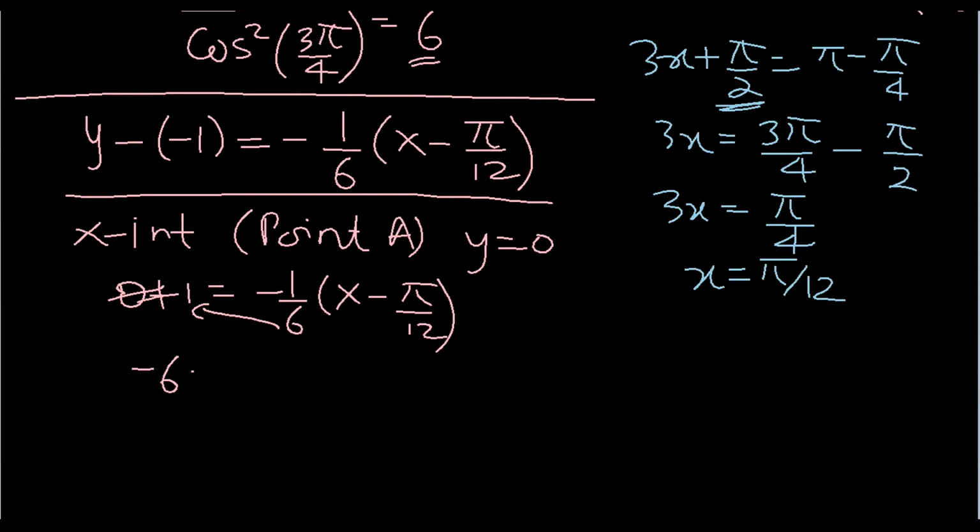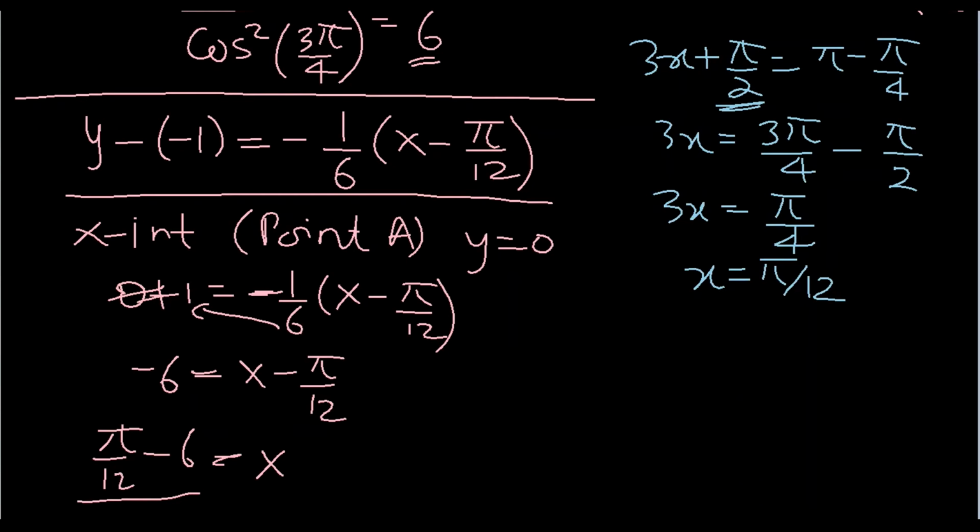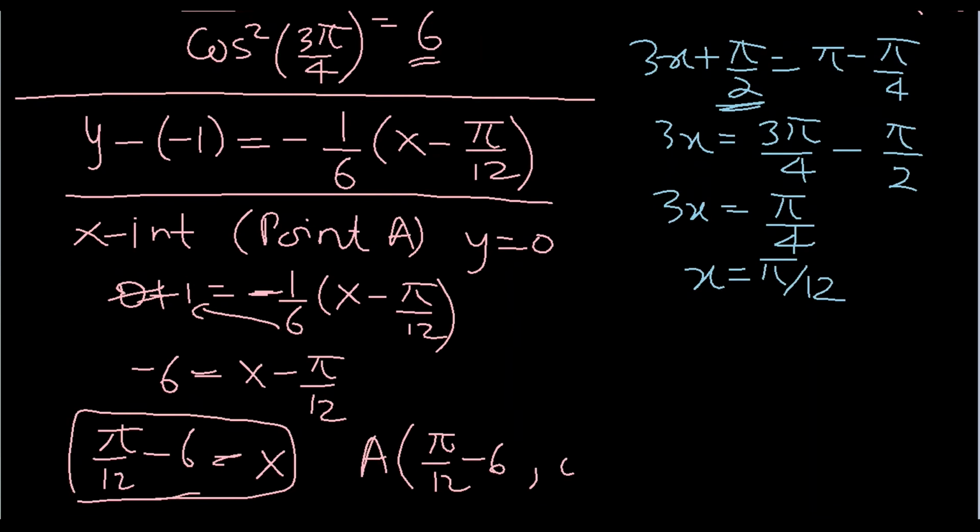So minus 6 equal to, this minus is gone, x minus pi over 12. So x will be pi over 12 minus 6. And obviously it will be a negative number, and we can see that it was on the negative side, so it makes sense. This is the x coordinate of the x-intercept. So the coordinates of A will be pi over 12 minus 6, that is the x coordinate, and of course the y coordinate is 0.